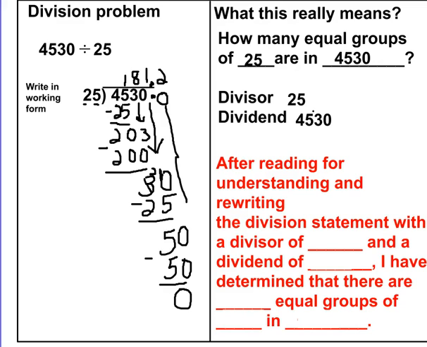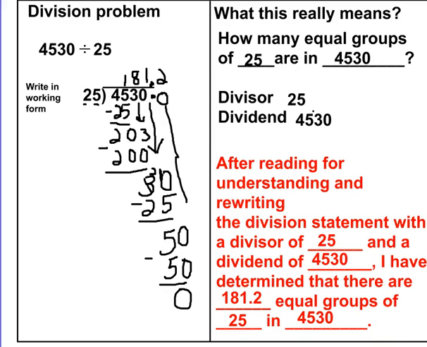Okay, now coming over to our sentence frame. After reading for understanding, again, when you read the expression, you're reading for understanding, and rewriting the division statement with a divisor of 25 and a dividend of 4,530, I have determined that there are 181 and 2/10 equal groups of 25 in 4,530.